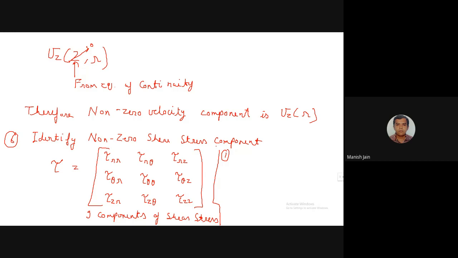In this case you have to just remember the first index represents the direction where velocity is changing.